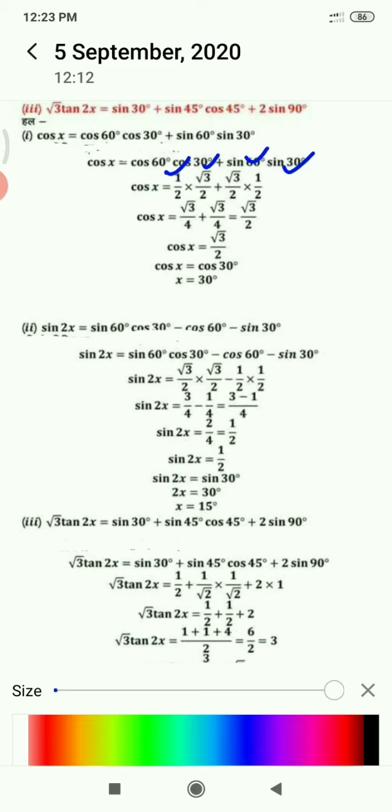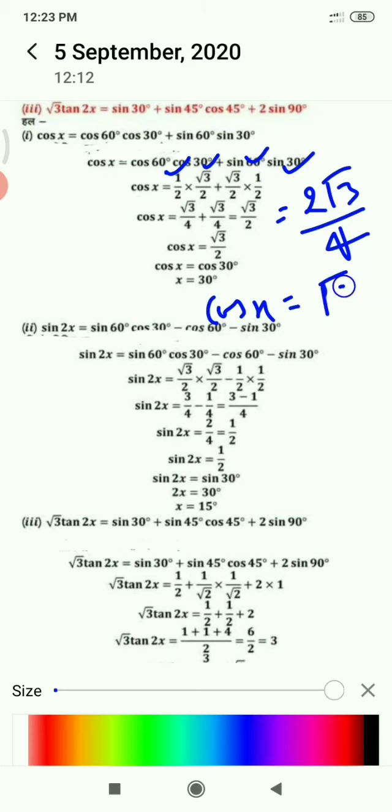After multiplying, root 3 by 4 plus root 3 by 4, after all it calculates to 2 root 3 by 4. After cancelling, we find cos x is equal to root 3 by 2. We know that this is the value of cos 30.